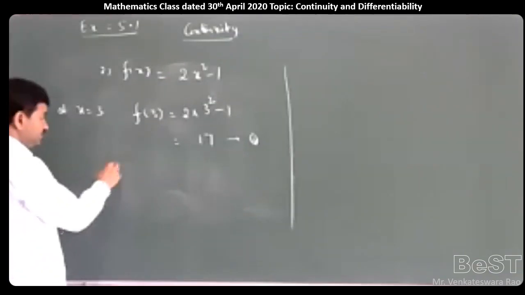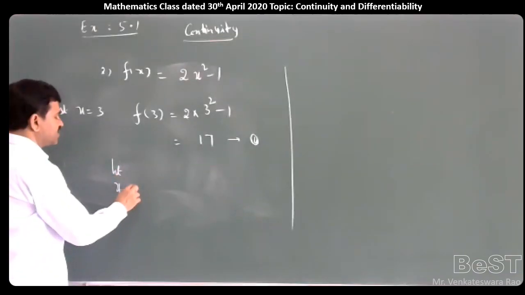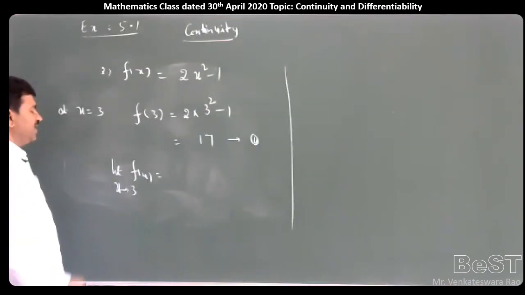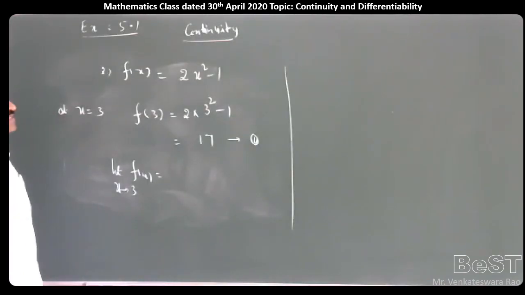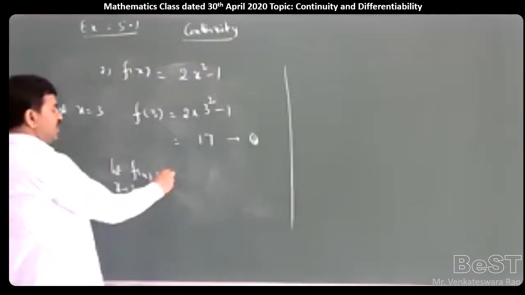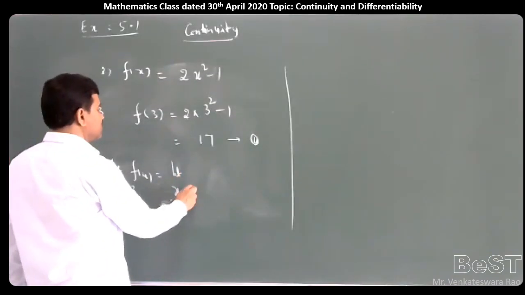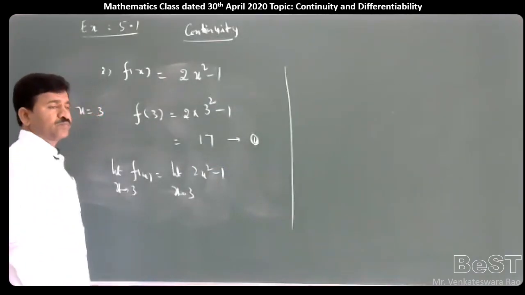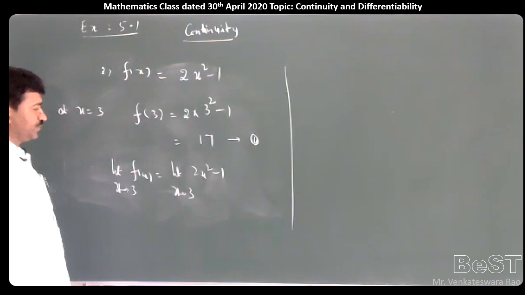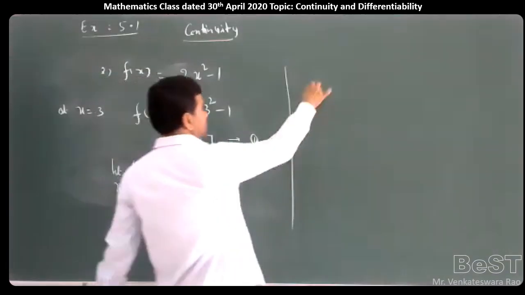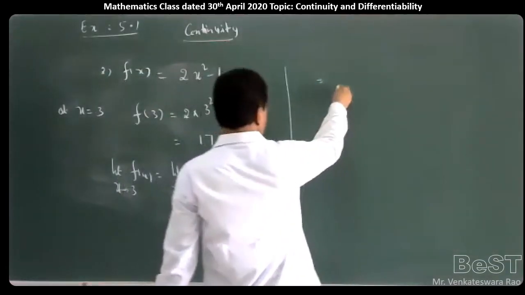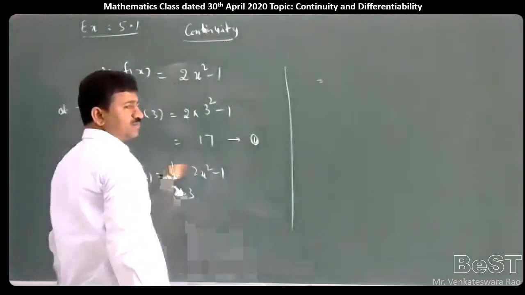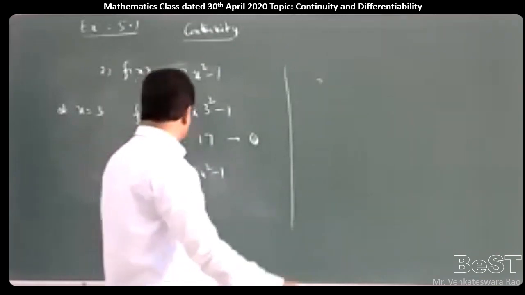Find the limit value. Limit of x tends to 3, f of x. So limit of x tends to 3, 2x square minus 1. Substitution limit. Put x is equal to 3. After applying the limit value, we should not write limit. Write the notes very carefully.